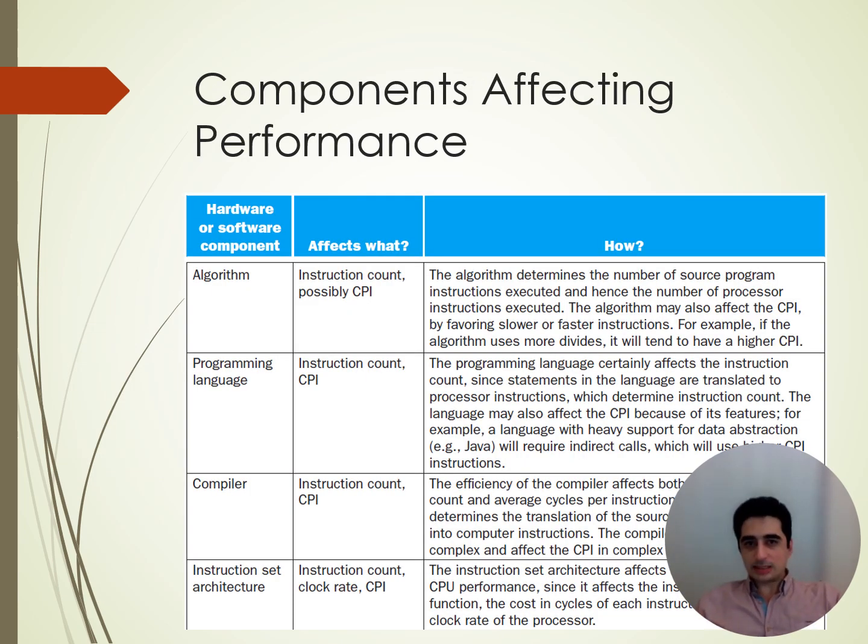Finally, I'm going to list the components that affect the performance of a computer program in a computer system. The algorithm that we use to write a computer program can greatly affect the performance of a process.